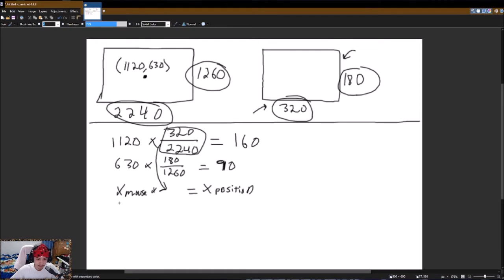And the same for y. I'll just copy and paste the y equation, because I'm just copying all of this down to here, but whatever, you get the point. And so that's what I did.